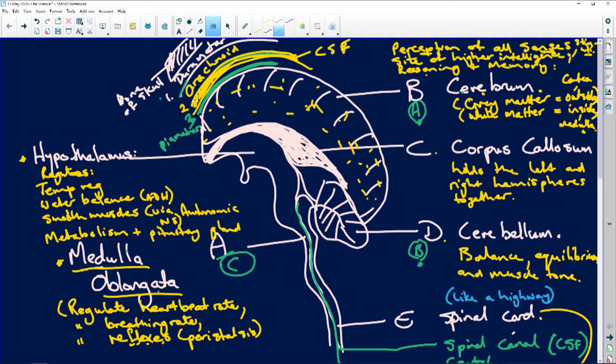But there's a special name for all 3 together. All 3 membranes together are called the meninges.